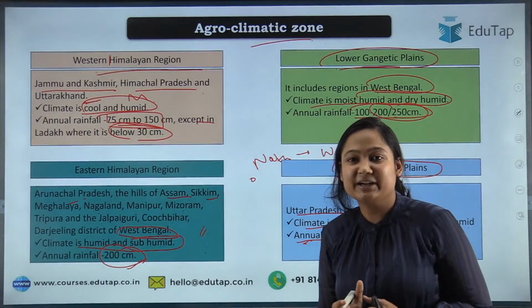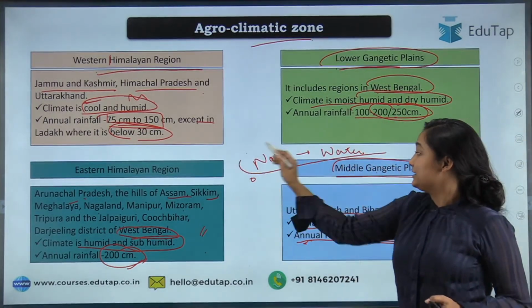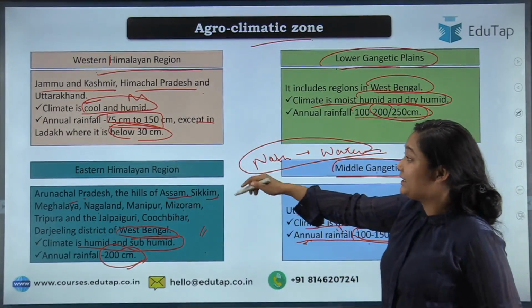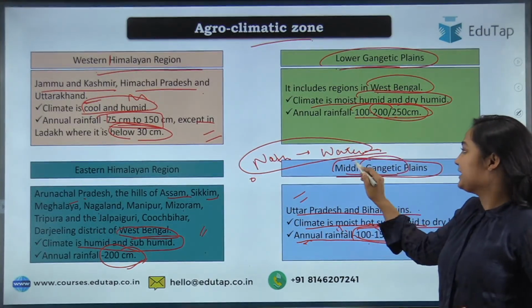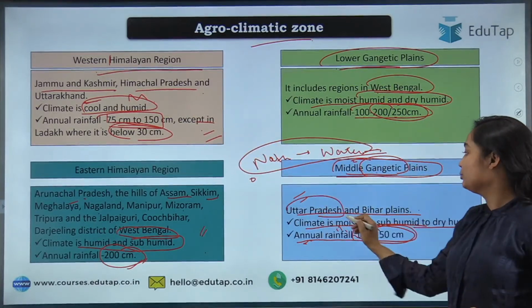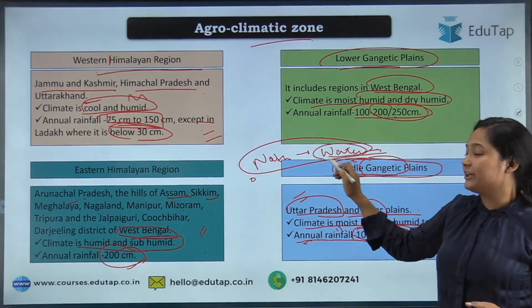Muhammad Asif has given the correct answer. Very good. From there you can see the north region has plenty of water, and what kind of soil is there? Basically alluvial soil, because rivers brought this kind of soil. There are too many rivers in Himachal Pradesh, Jammu Kashmir, Uttarakhand, also in Uttar Pradesh and Bihar. So alluvial soil is there and water is plentiful.